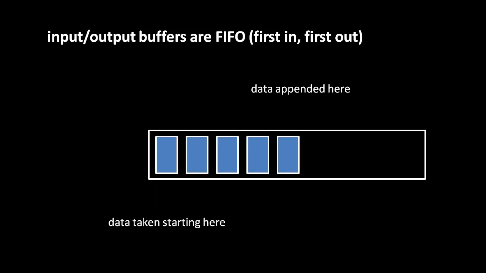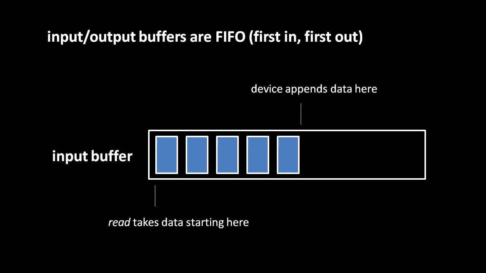Likewise, in a FIFO buffer, the bytes that are written to the buffer are appended at the end, and the bytes which are read from the buffer are always read from the front. So to make this absolutely clear, in the case of the input buffer of a character device file, the device will send data to the input buffer, which then gets appended to the end, and then when a process invokes the read system call on that character device file, it reads the bytes at the front of the buffer.